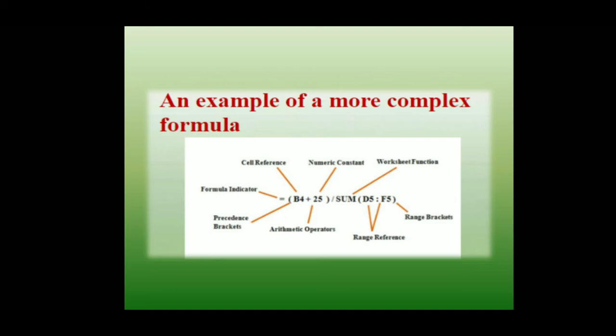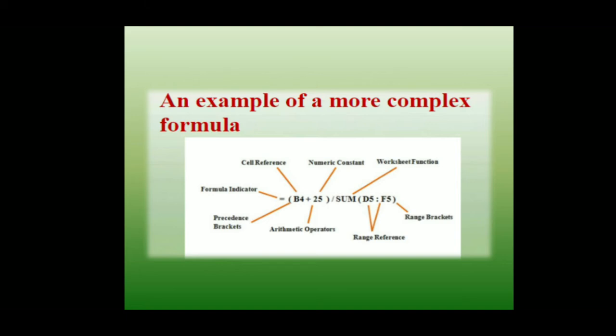B4 is a cell reference, and to the value in cell B4 we are adding 25 more. 25 is a constant value, so it is called a numeric constant. Both these values are to be added first and then divided by another value which we get from the SUM formula. You can see we have used the inbuilt function SUM here, D5 to F5.